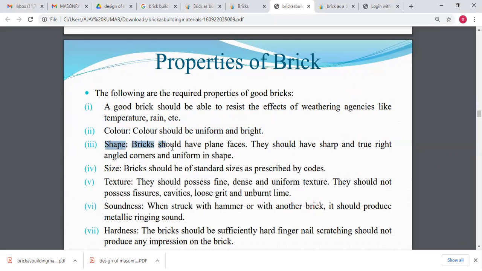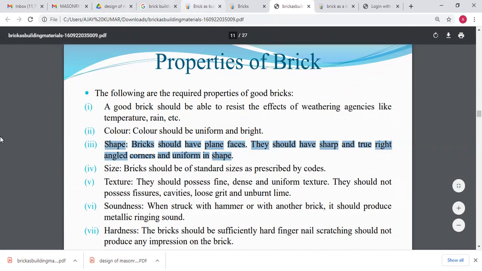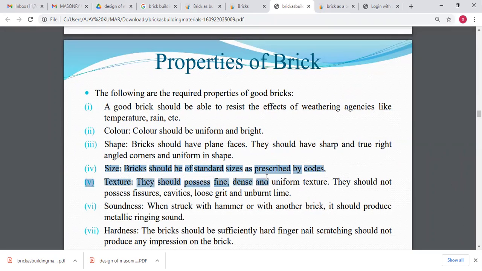Next, shape. Bricks should have plain faces. They should have sharp and true right-angled corners and be uniform in shape. The brick should have plain faces. Next, size. A brick should be of standard sizes as prescribed by codes.